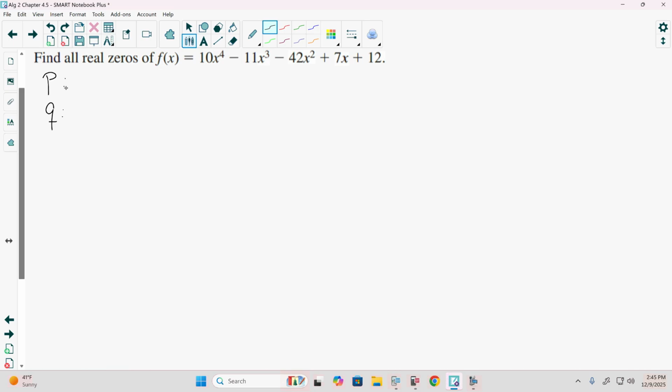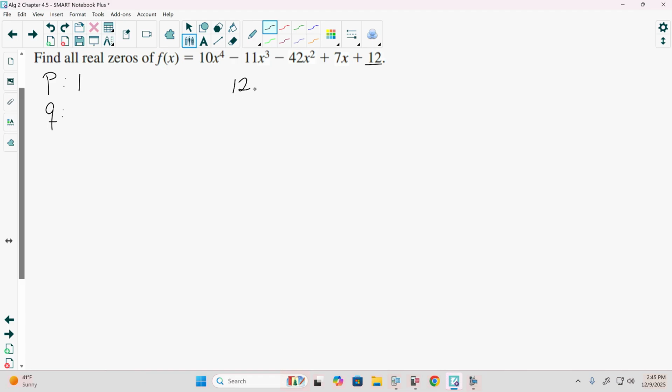Because again, we need to find at least n minus 2 where n is the degree. So since the degree is 4, we need to find at least 2 solutions to be able to find the rest. Now p is the factors of our constant term, our term without x. So we're looking for the factors of 12.